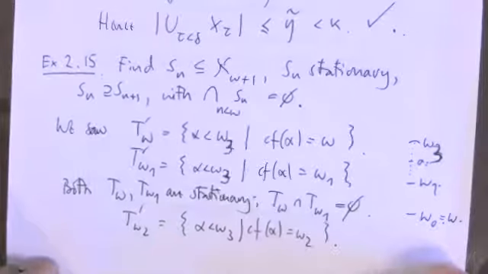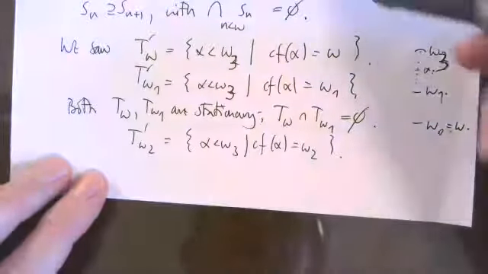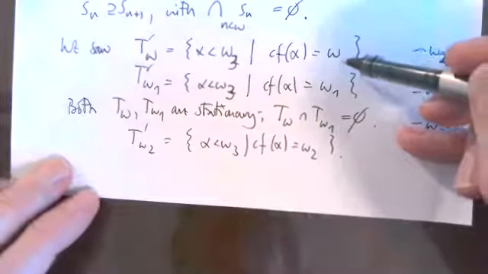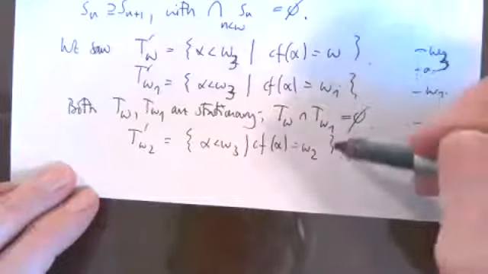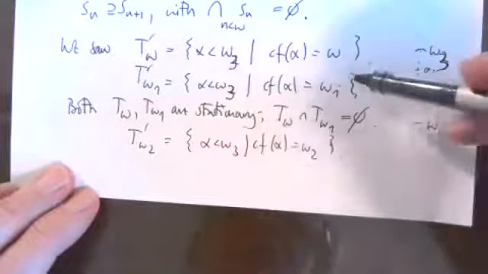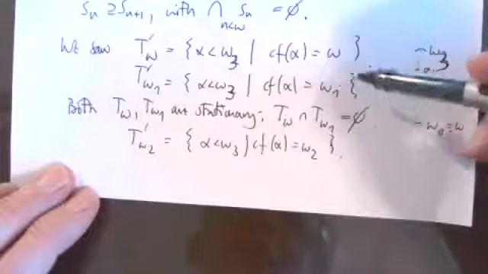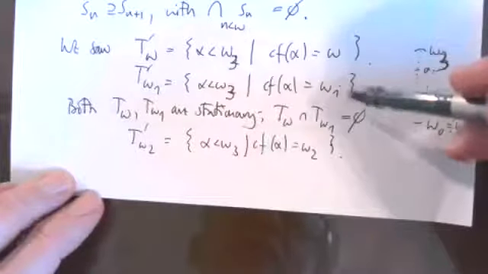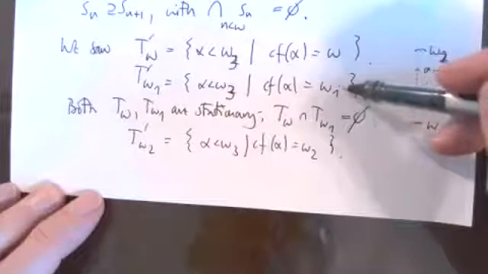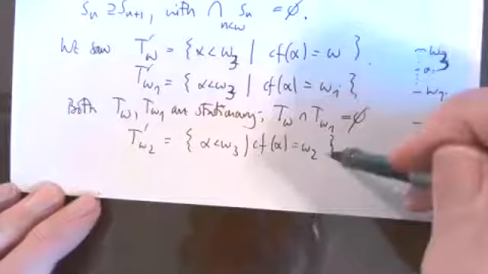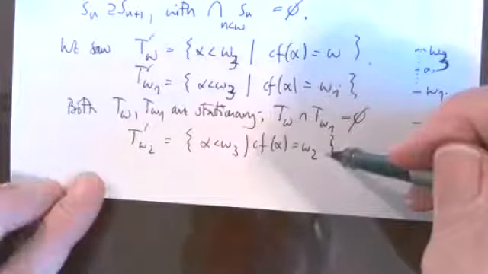So I could consider the sets which have got cofinality more than omega, and that would include both of these. And I could consider the collection of sets whose cofinality is more than omega 1, in which case I'd just be left with this. So that would be a thinner set.